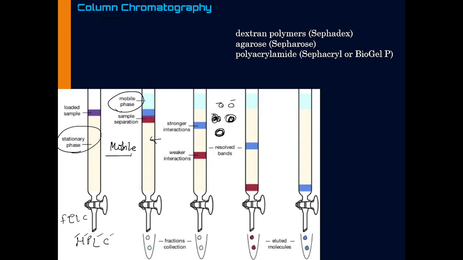The small molecules basically get trapped in between the pores, and the large molecules elute out, and you collect these fractions. The principle is the same. For high performance or high pressure liquid chromatography, you add pressure and make the column very thin so that you get a very pure protein amount.